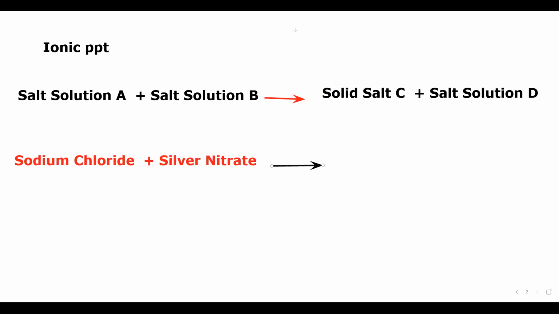Now what will happen when sodium chloride is mixed with silver nitrate? This is called a double displacement reaction, sodium chloride, silver nitrate. So silver will take the position of the sodium and sodium will take the position of silver. Double displacement, like double change.